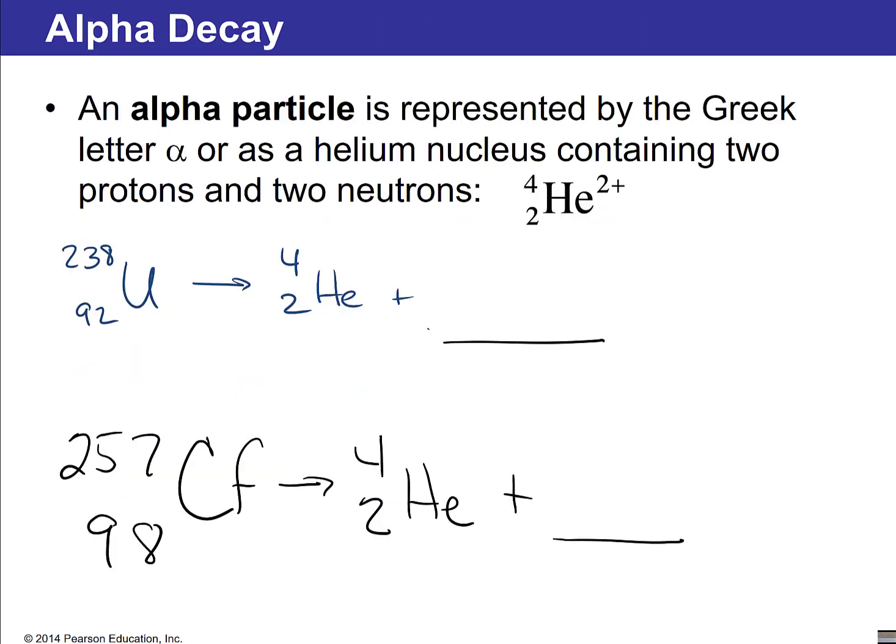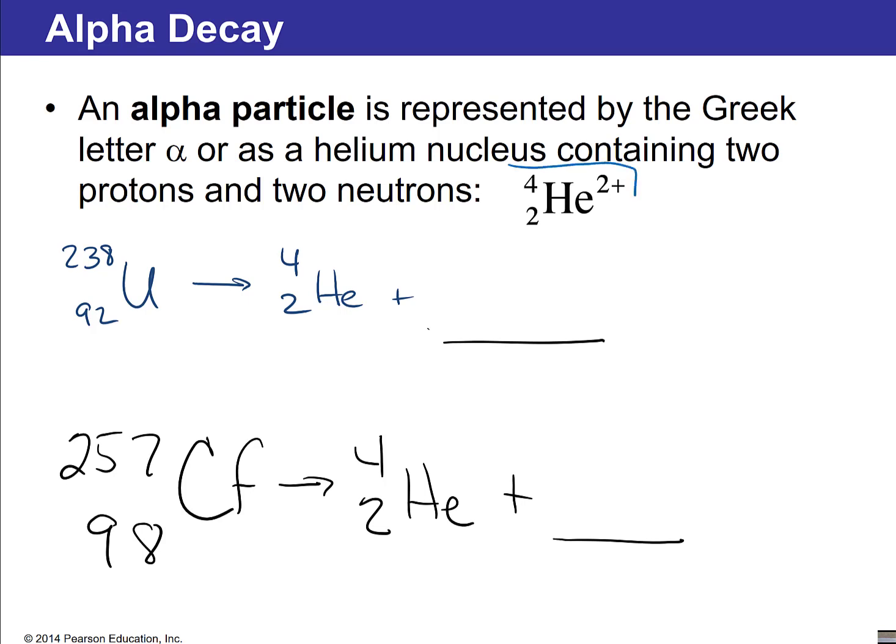Alpha decay is what happens when the nucleus of a radioactive substance spits out a helium nucleus. Helium is over on the top right corner. The nucleus of the helium has 2 protons and 2 neutrons.